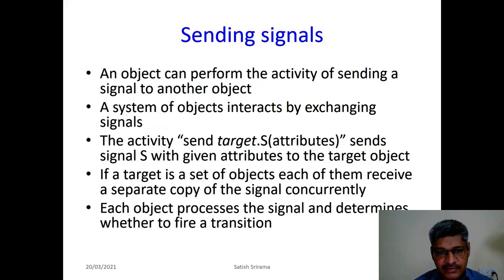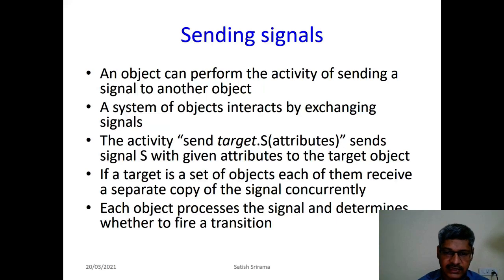The structure of the activity is like this: send target.s. This is the signal, and you can send certain attributes with it. This sends a signal s with given attributes to the target object. The target can be a single object, or it can be multiple objects. With one activity, you can send signals to multiple objects.